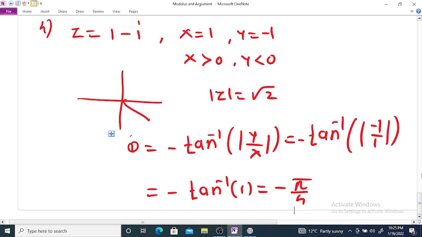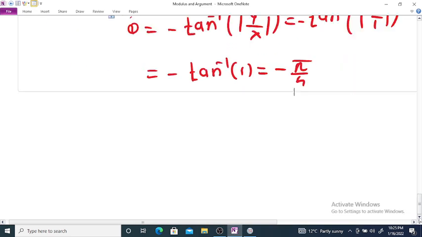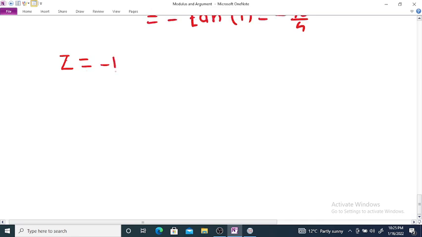If we take one more example, say the complex number z is equal to -1 plus under root of 3 i is the given complex number.